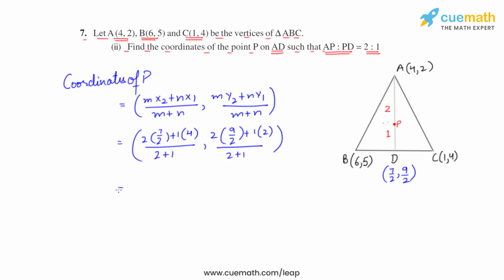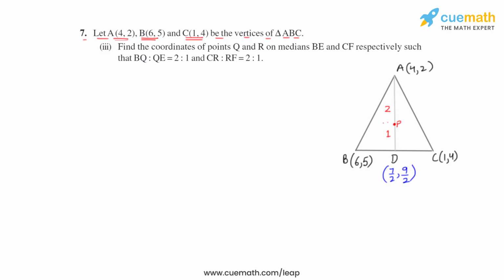So we get 11/3 comma 11/3. So this is the coordinates of P, that is (11/3, 11/3). Let's do the third part.